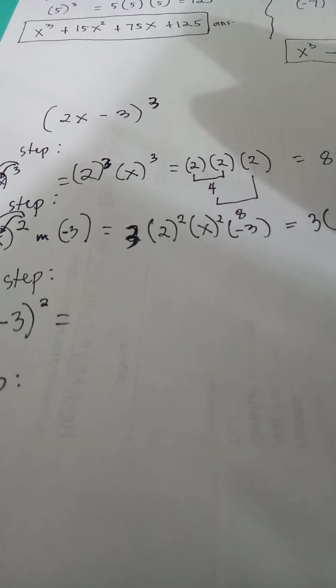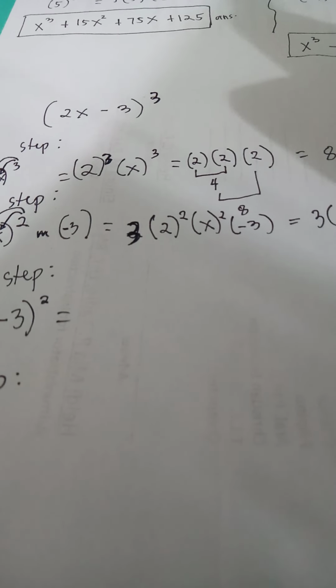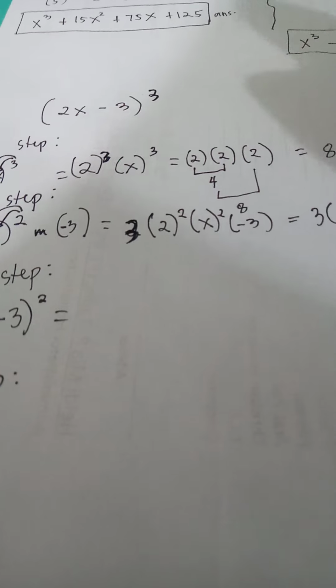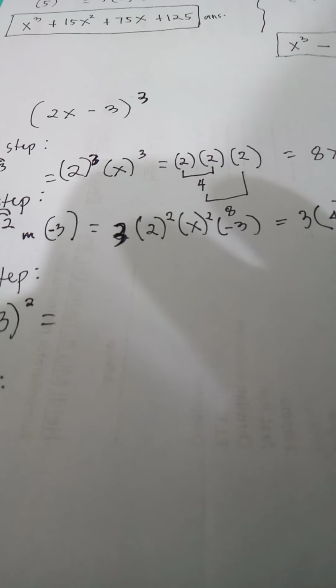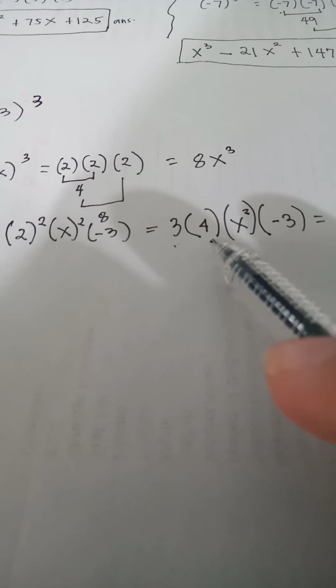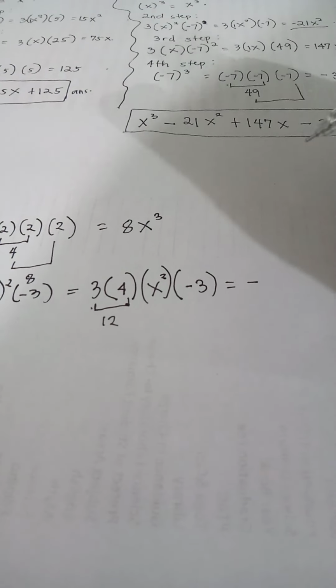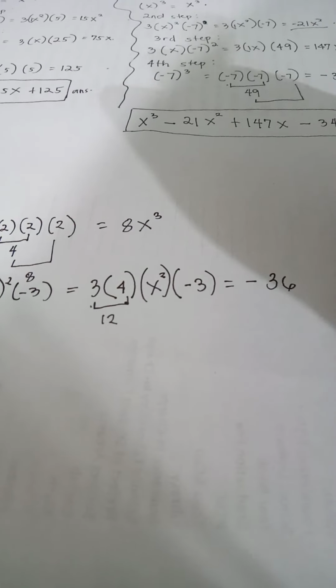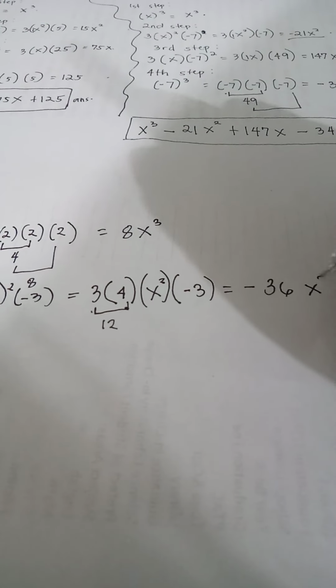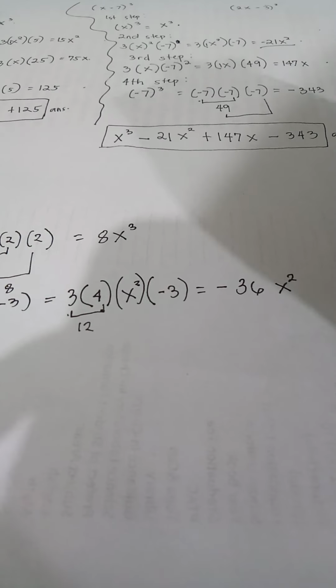Copy natin si x squared, tapos negative 3. Yan. So, 3 times 4, that is 12, right? 3 times 4 is 12. Now, 12 times negative 3. Again, 12 times negative 3, the answer is negative. So, that is negative 36. And then, copy natin si x squared. So, that is negative 36x squared.